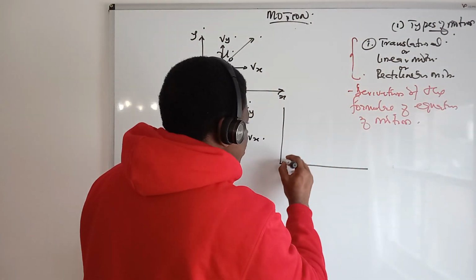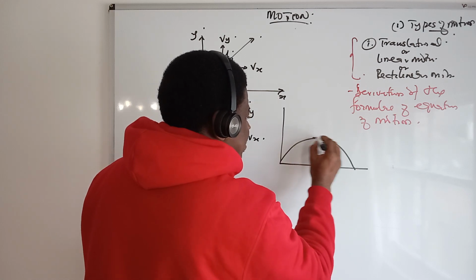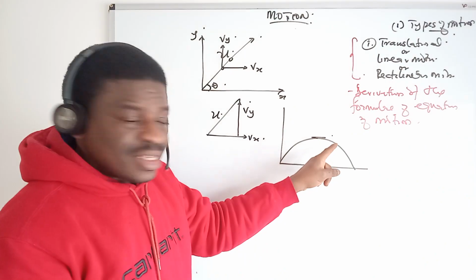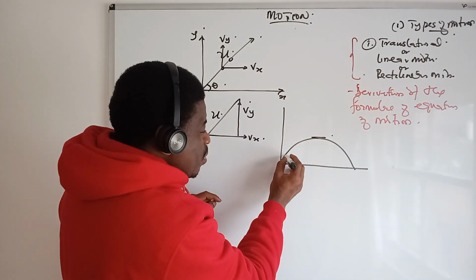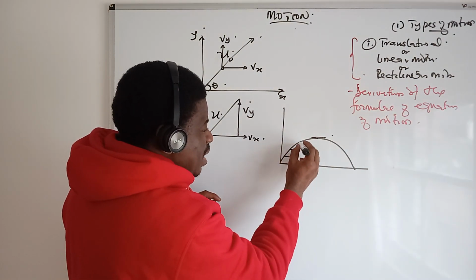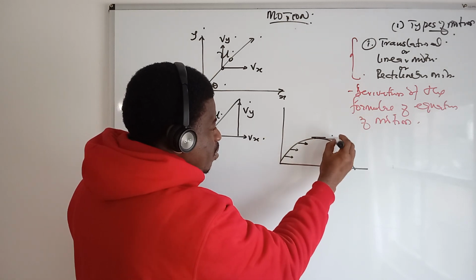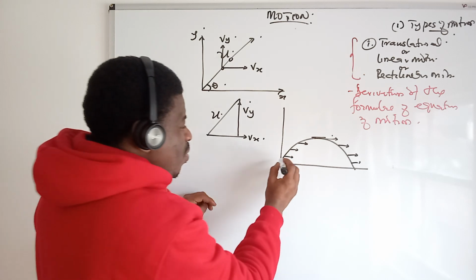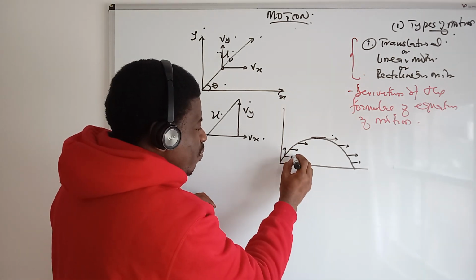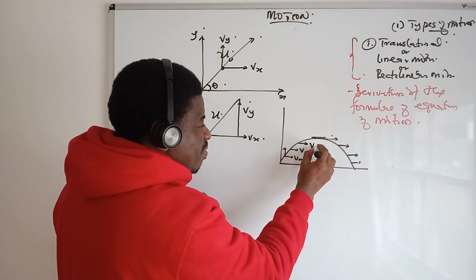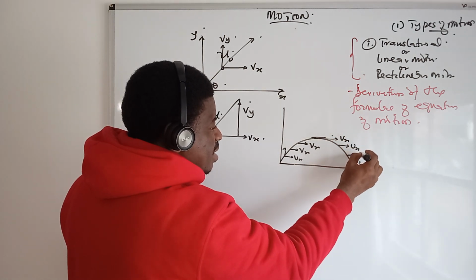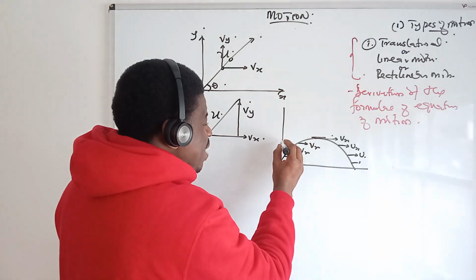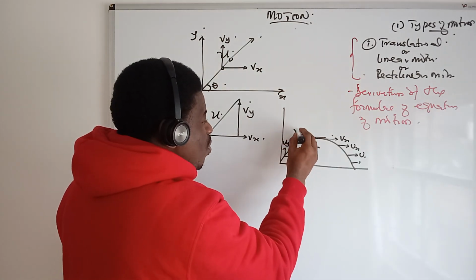When you threw the object, at the maximum height, the Vx is the one taking the object this way along the horizontal axis. Then there is Vy.